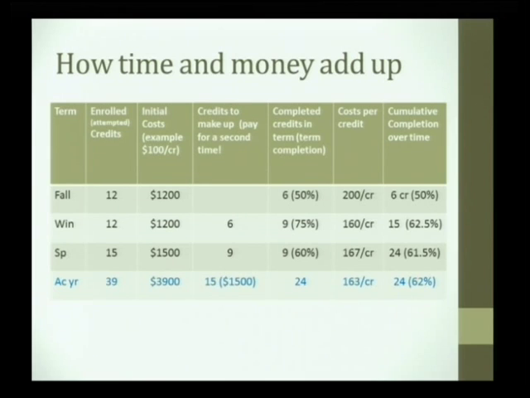In this term, the student completes 6 of those credits, a 50% completion rate. And we're just going to pretend in all of this that they're above a 2.0 GPA. So if the student only completes 6, their cost per credit has just gone up to $200 per credit instead of $100 per credit.